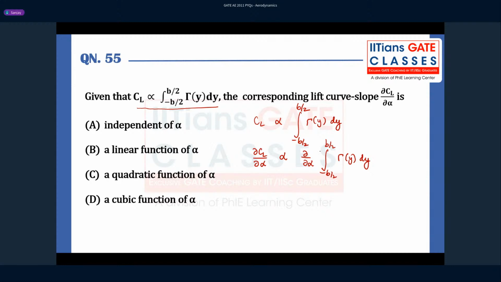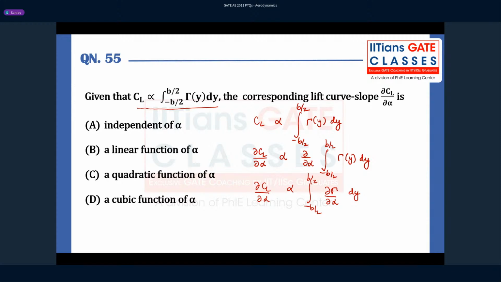Okay. So you can now take this derivative inside the integral. So this becomes dou CL by dou alpha directly proportional to the integral from minus b by 2 to b by 2 of dou gamma by dou alpha times dy.